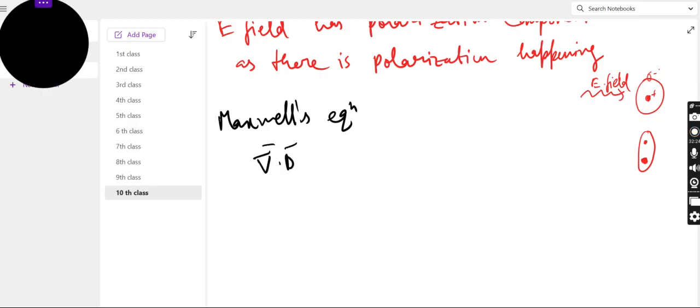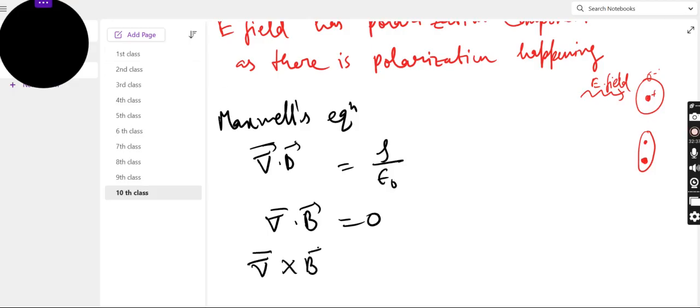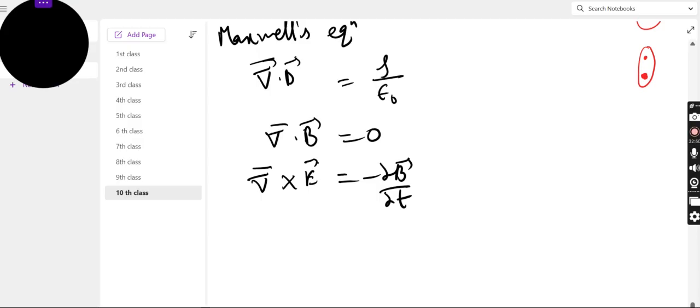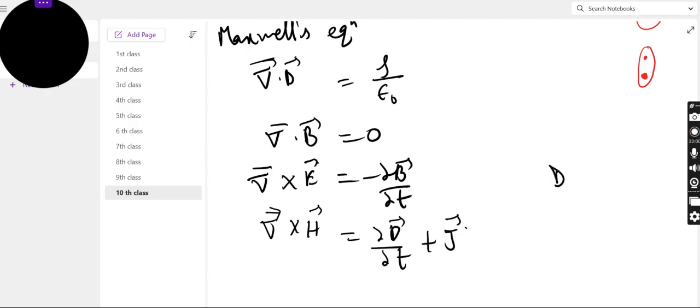Divergence of D is rho by epsilon, divergence of B equal to 0, curl of E is equal to minus del B del T, and curl of H is basically del D del T plus J. So D is the displacement vector.